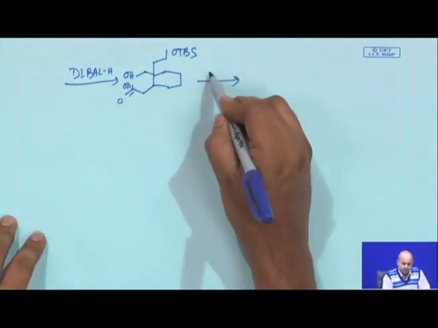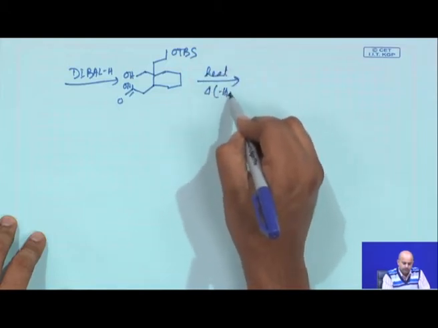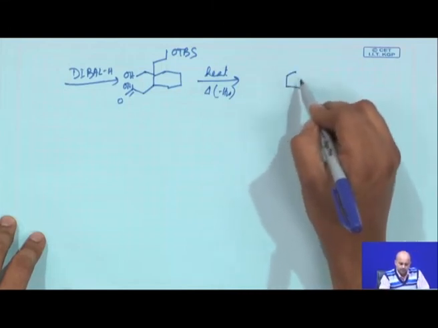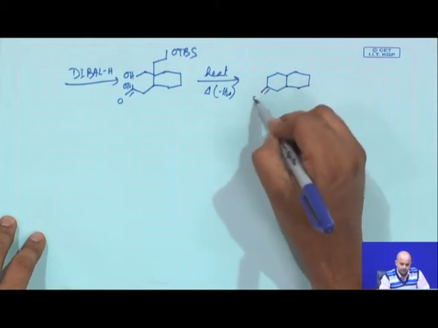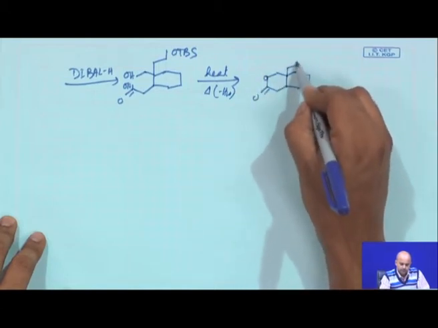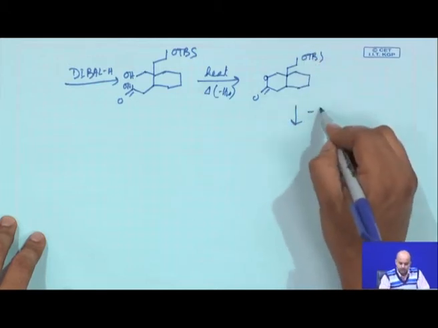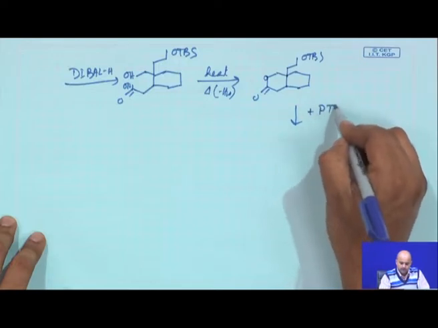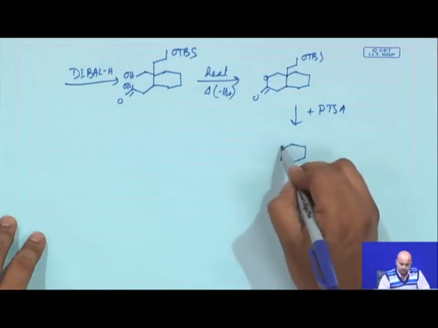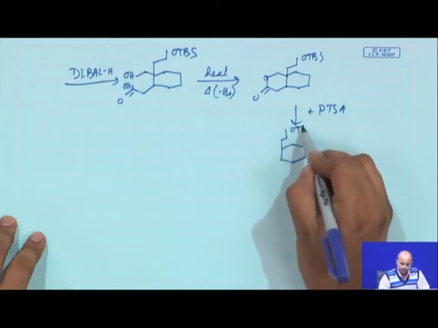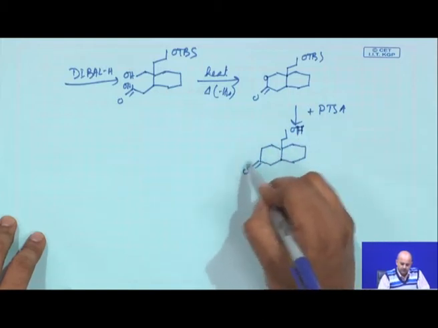Now, this compound is subjected to heat, and you can get rid of a water molecule, and this is what you will get. This TBS group can now be removed by PTSA treatment, para-toluenesulfonic acid, which will now lead you to this OH and then your desired lactone.